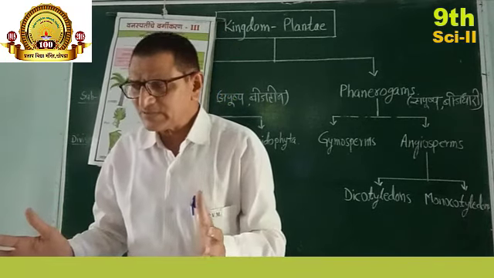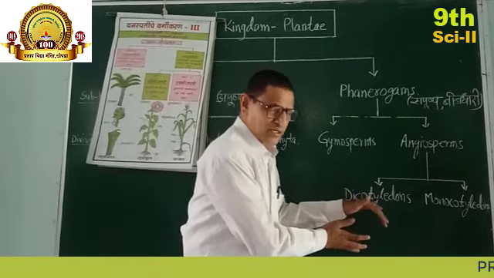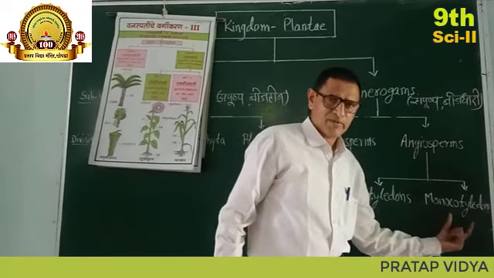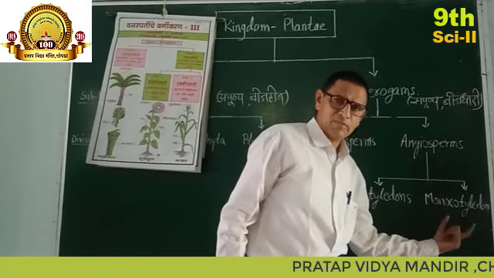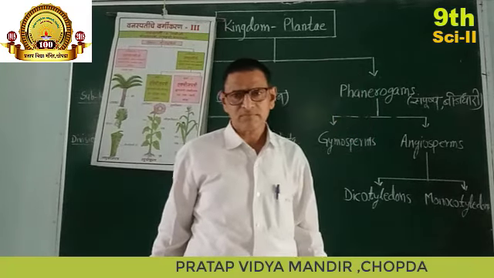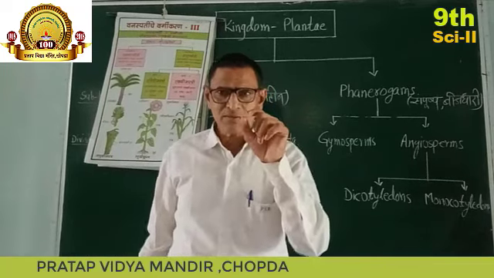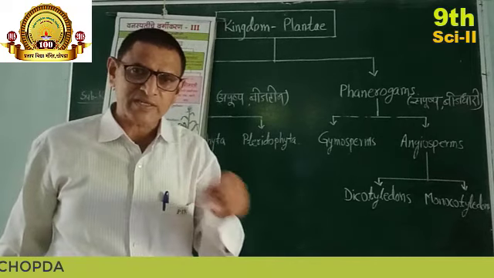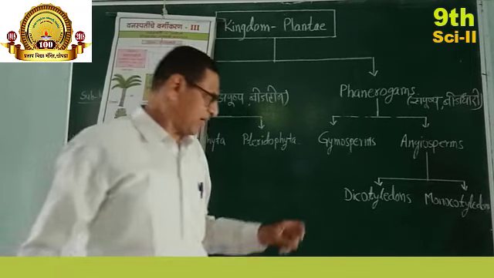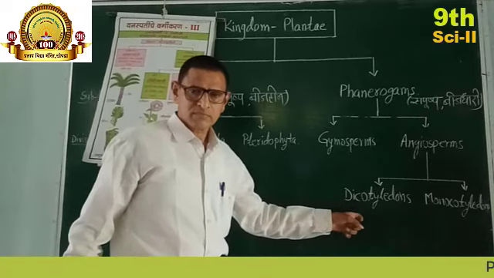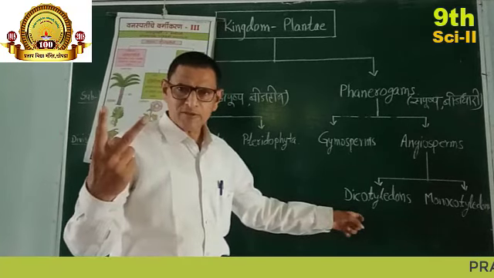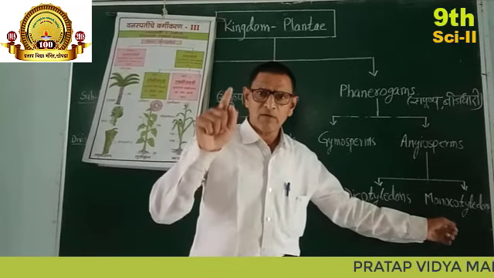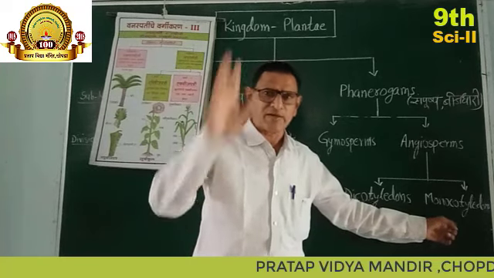Reticulate venation is present in dicotyledonous plants, and parallel venation is present in the monocotyledonous plants. And the third difference is about the cotyledons present in the seed. Here, two cotyledons are present in the seed, and in monocot only one cotyledon is present in the seed.